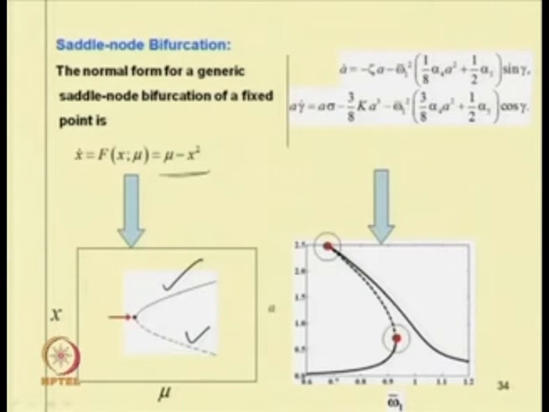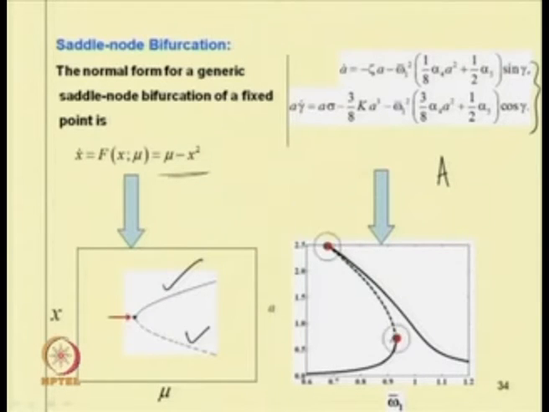Similarly, one can consider two equations also. So, we have a second order equation, or we can reduce that to a set of two first order equations. If you have two first order equations, then by finding the eigenvalue, first one can find the Jacobian matrix A, and then the Jacobian matrix corresponding to this point.